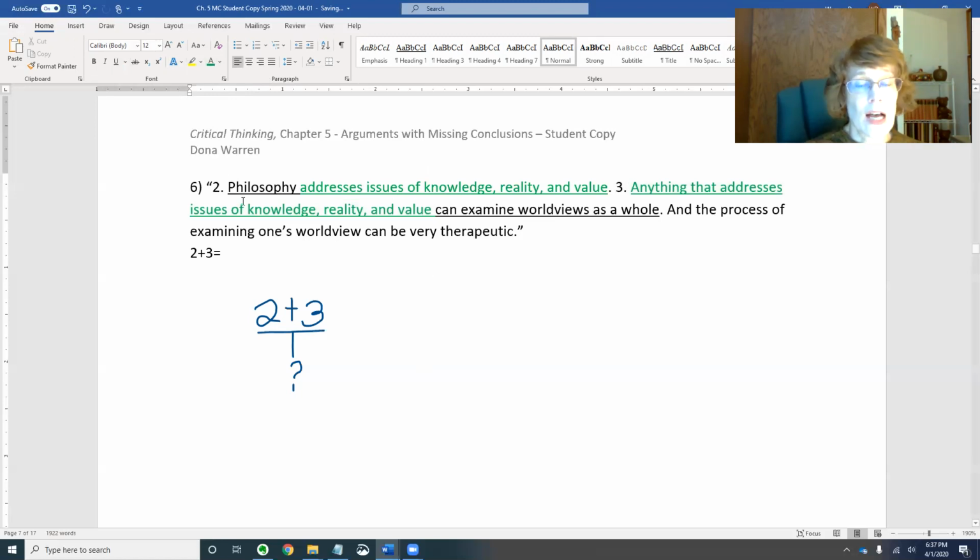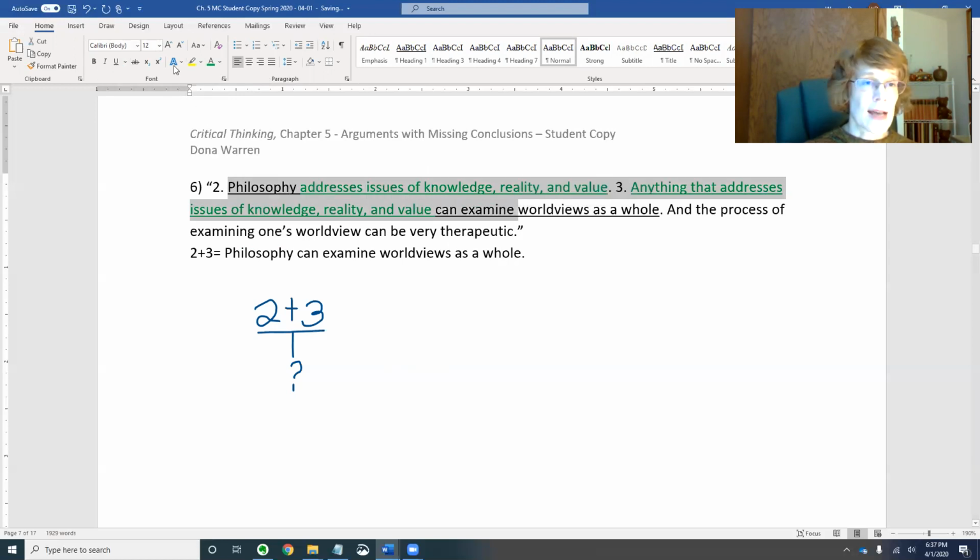What they don't have in common is philosophy and examining worldviews as a whole, so that must be what follows from those 2 things. So philosophy can examine worldviews as a whole. Very good. Now we just need to ask, is that stated or not?